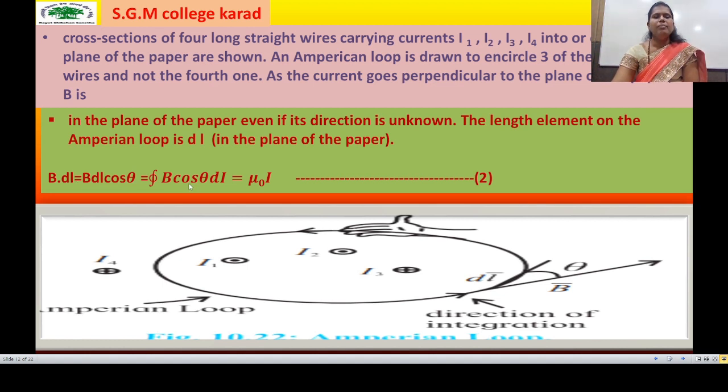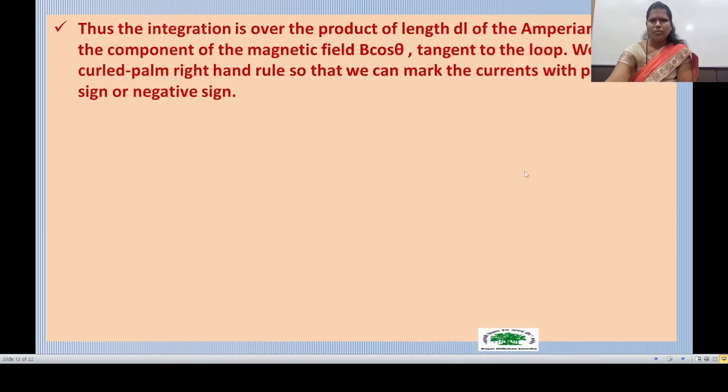The integral of B cos theta dl is equal to mu 0 I. Thus, the integration is over the product of the length dl of the Amperian loop and the component of the magnetic field B cos theta tangent to the loop.